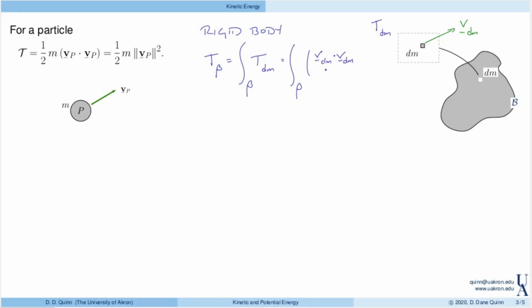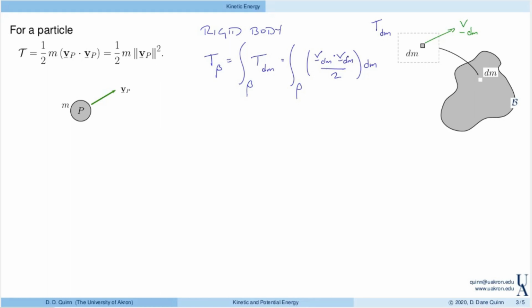So there's kind of the speed squared divided by 2, and then multiplied by this little mass element dm. And again, this also serves as the differential over the object. So really the kinetic energy of the whole body is made up of the kinetic energy of all the little pieces. And this kind of makes sense.